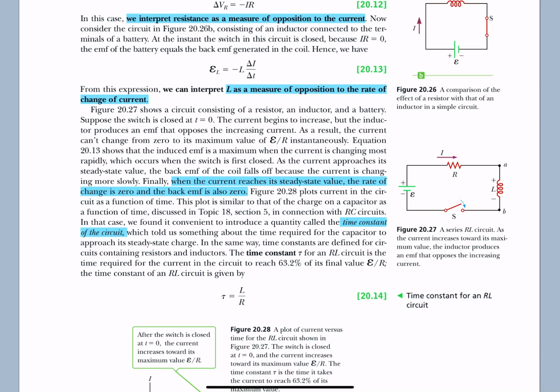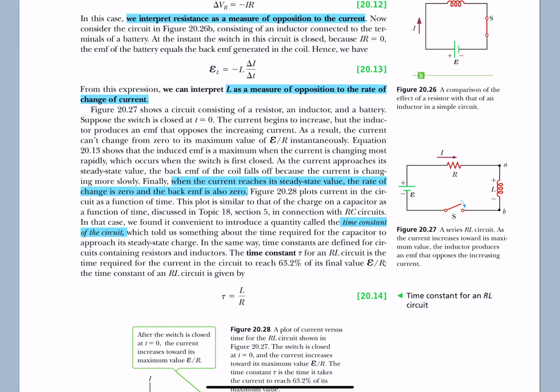Very similar, if not exact in meaning, to what we had with the capacitor. It takes time to reach the maximum current in both the capacitor and in the inductor. In the capacitor, the pushback occurred because as charge accumulated on the capacitor, it made it harder for the next batch of charge to get to the capacitor.